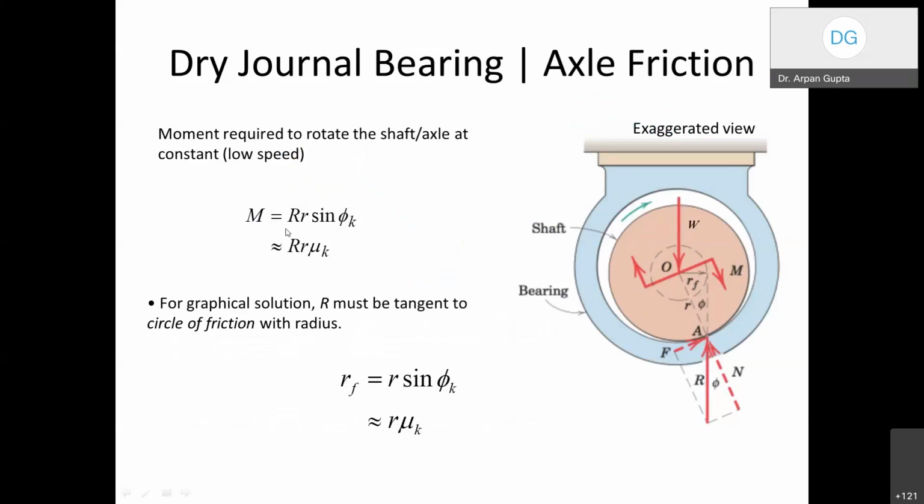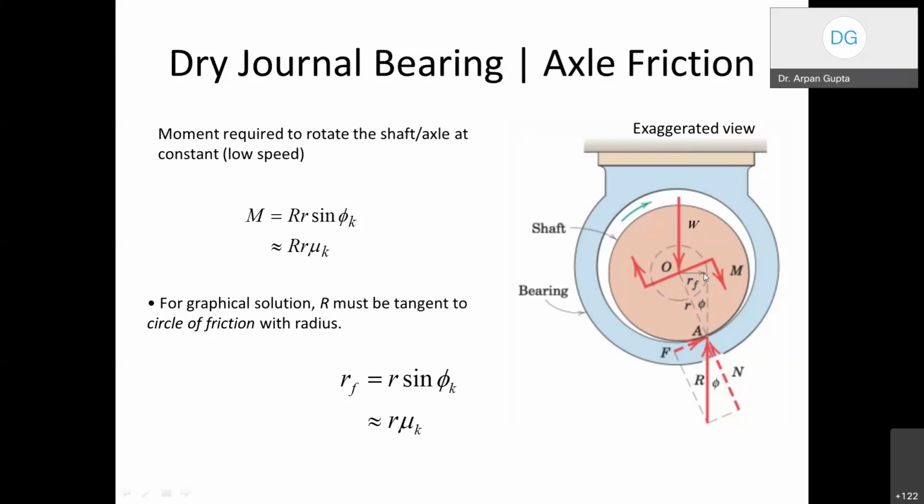Now to do this moment calculation, I can balance the moment about any point. If I balance moment about point O, then this is equal to the resultant R times r sine phi, where r is the radius and phi is the angle.